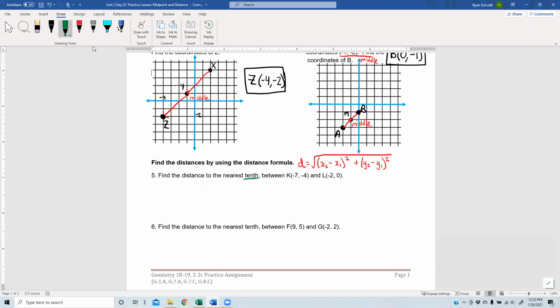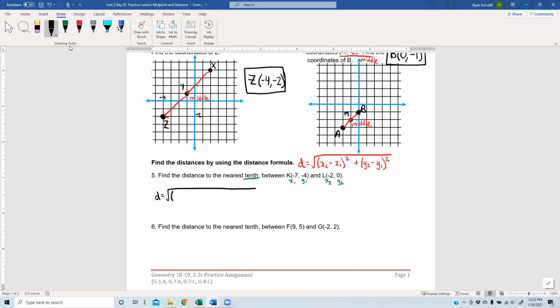Between K, where it's (-7, -4), so let's label that x1, y1, and L, (-2, 0), x2, y2. Now it's just a matter of plugging things in. So D equals square root, parentheses, it says x2.